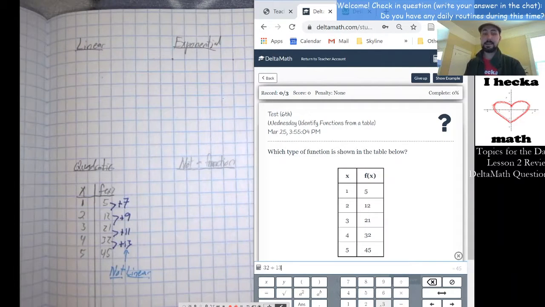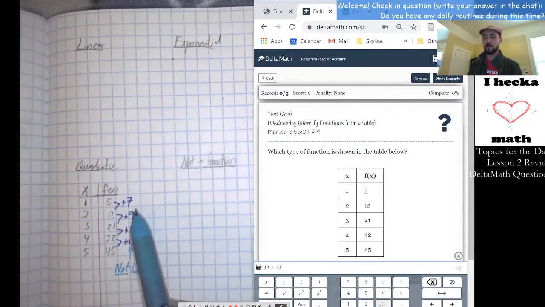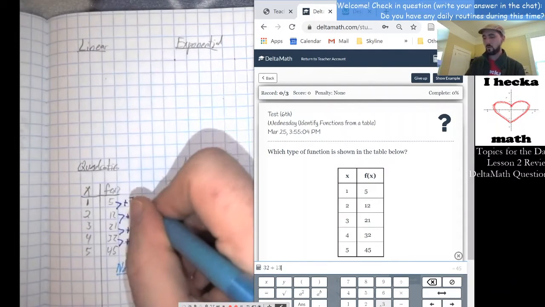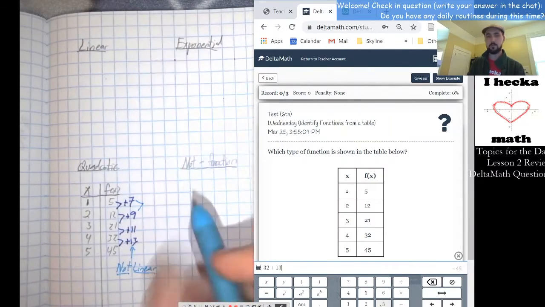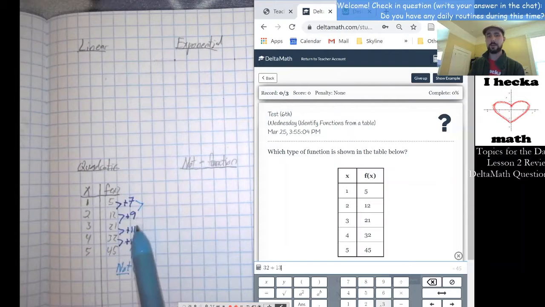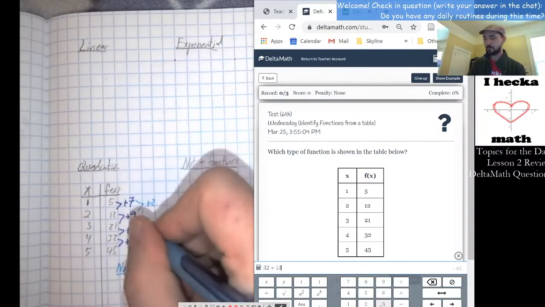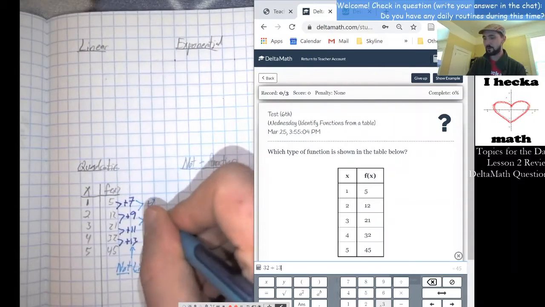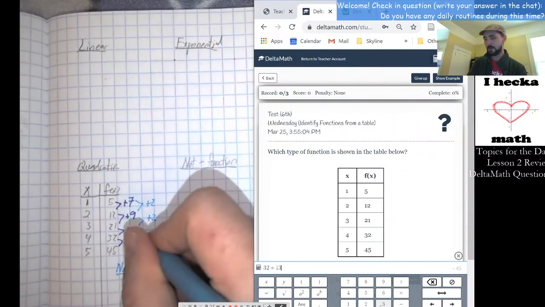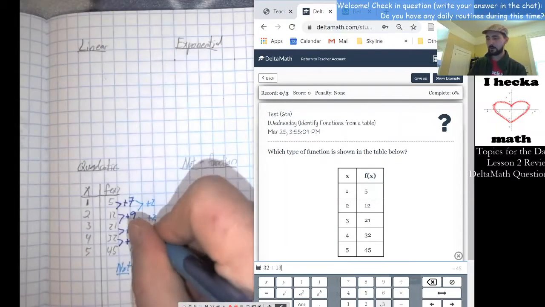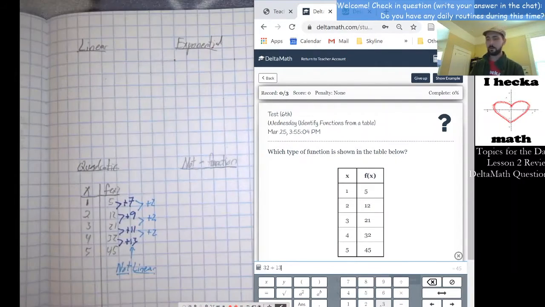But if you have done the Wednesday activity, you might already notice a pattern here where if we think about how these numbers are changing, right? 7 and 9 are only 2 apart. 9 and 11 are only 2 apart. And 11 and 13 are also only 2 apart.